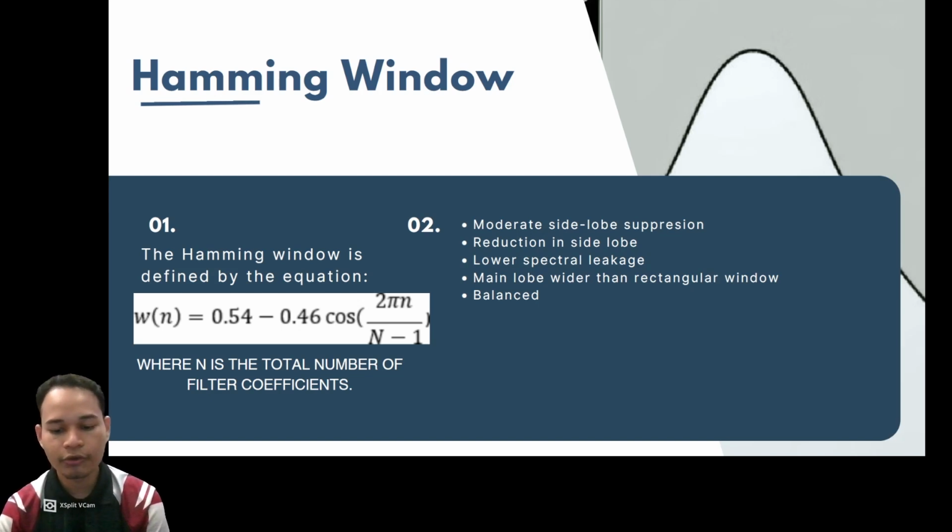The main lobe of the Hamming window is slightly wider than the rectangular window, which provides a balance between frequency resolution and side lobe suppression. This characteristic allows it to be widely used in finite impulse response, FIR, filter design and spectral analysis.